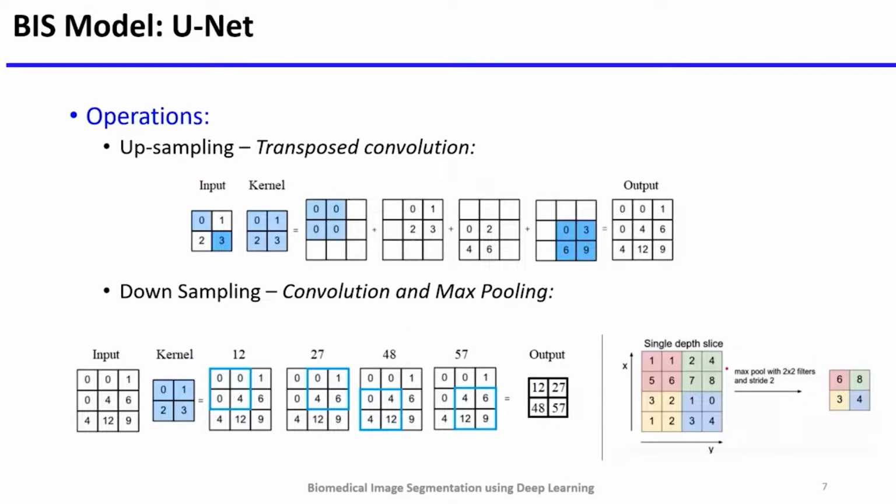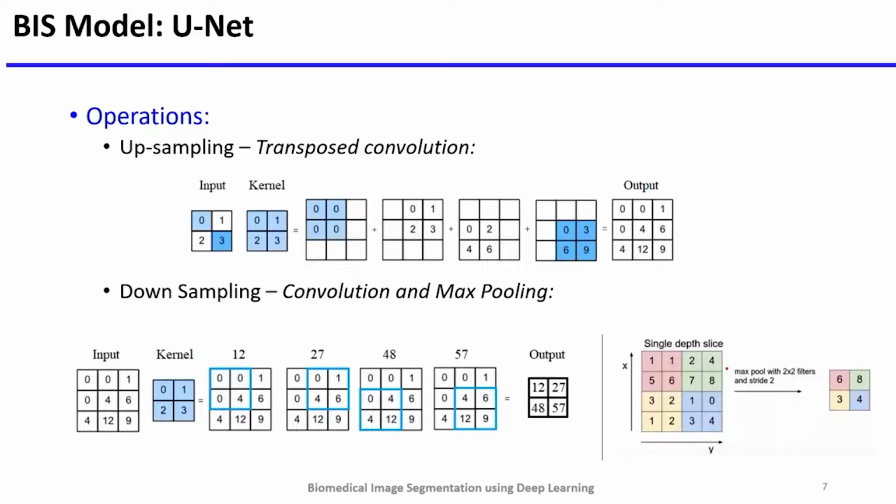This is just an example that illustrates how these operations are executed. For upsampling, or transposed convolution, consider the input feature map of size 2 cross 2 and a kernel of size 2 cross 2. Here, stride is kept 1 and padding is kept as 0. Now for each input pixel, the kernel is multiplied.